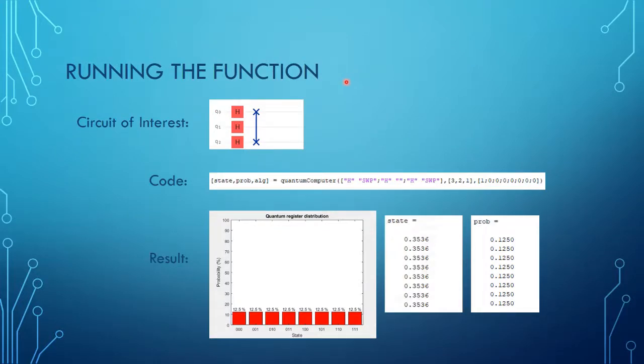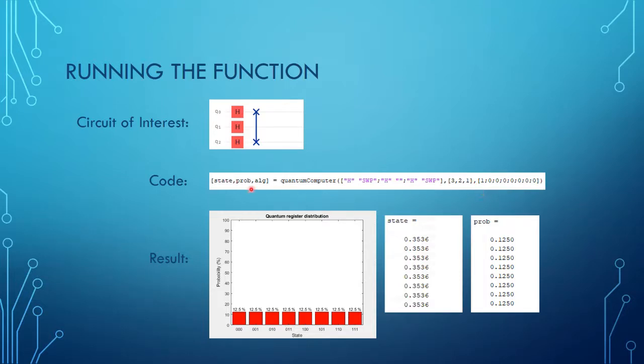So here's an example of a 3-qubit circuit being run by using the quantum computer function. It has an initial state of 1 in the first state and 0 in all of the other 7 states, as shown right here. And the function returns 4 outputs.